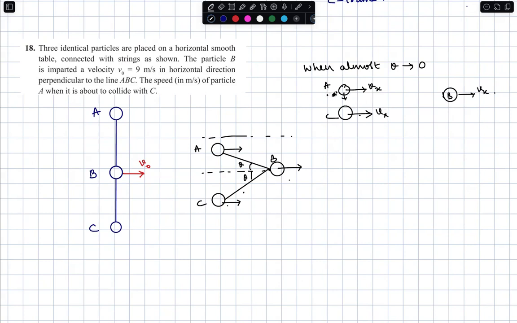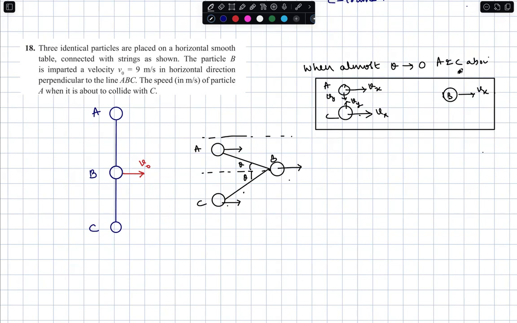Maybe they may have Vy, Vy. That's the situation when they are about to collide, A and C about to collide. No issues. Still, I can apply the law of conservation.